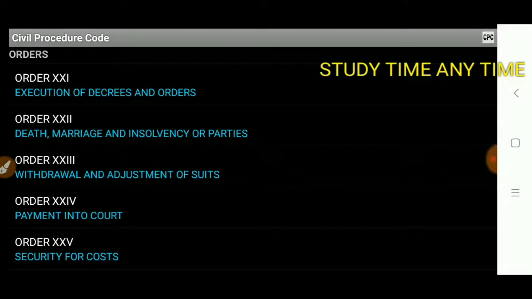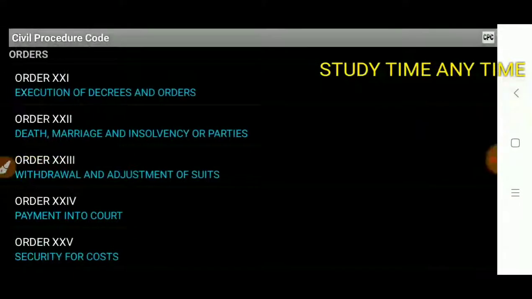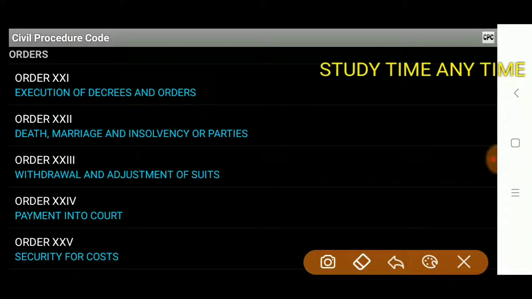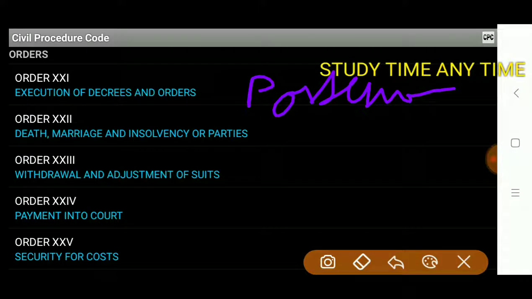Now Order 21. Order 21 is the execution of the decrees and orders. Now you have received a decree in your favor. For example, you have filed a case for possession of a shop.